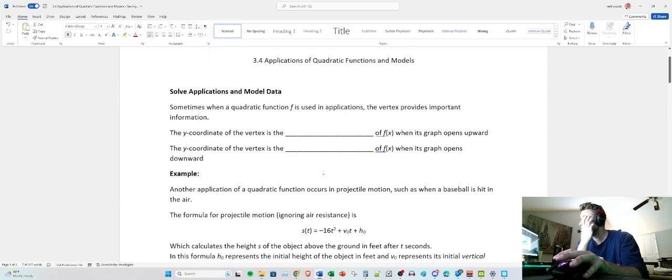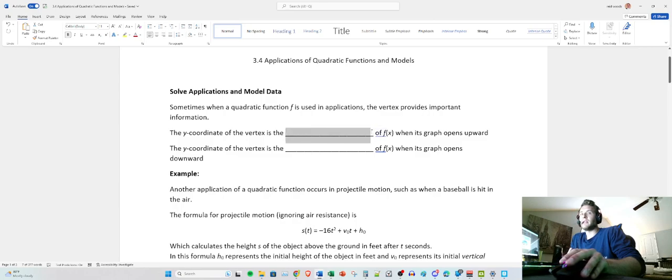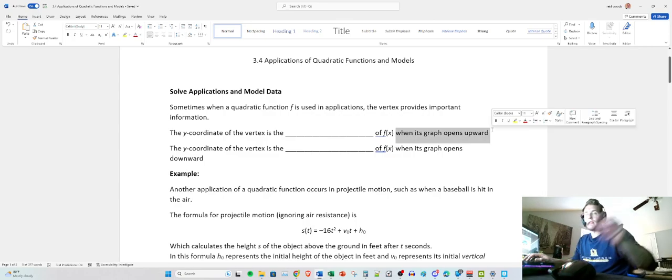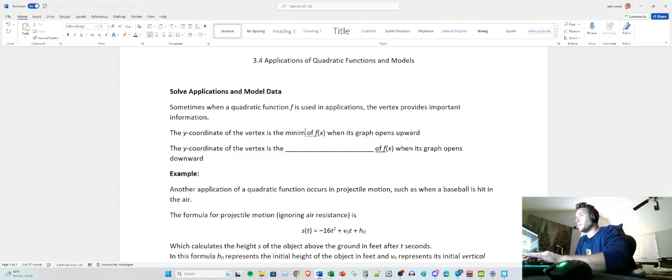So we've been talking about quadratic functions in this chapter. That's what it's all been about. Sometimes a quadratic function can be used in application problems. You probably did this in iMath too. The vertex is quite important for that. When a graph opens upward, the y-coordinate of the vertex is the minimum.